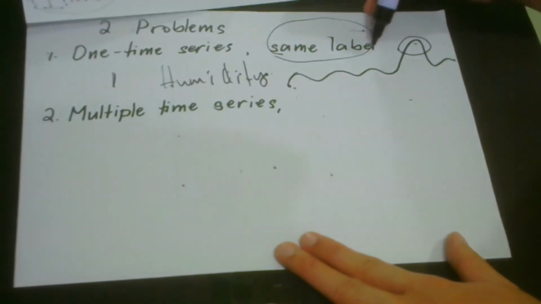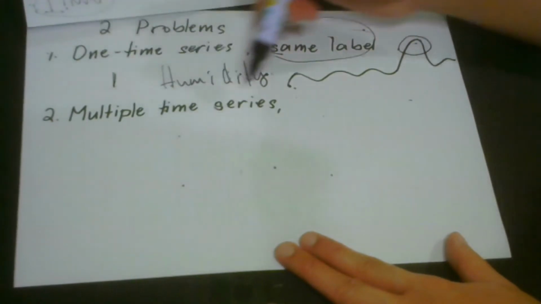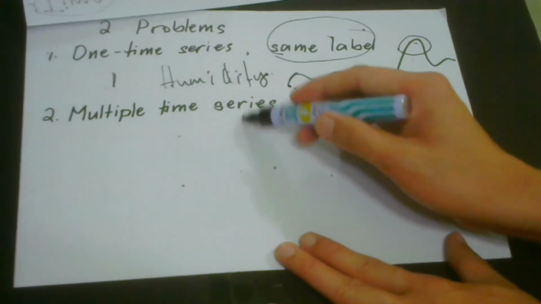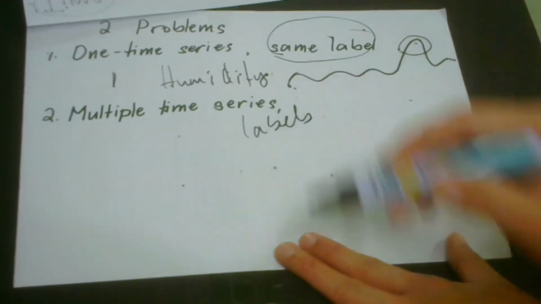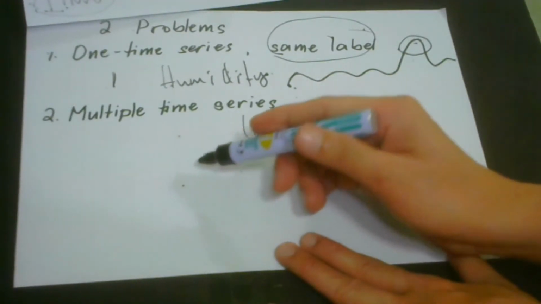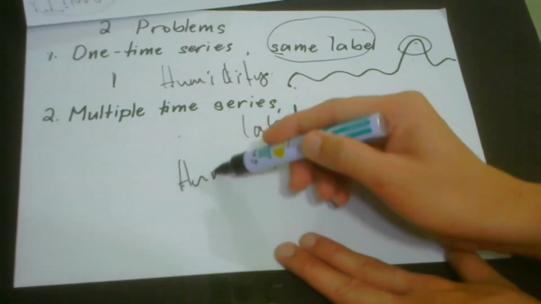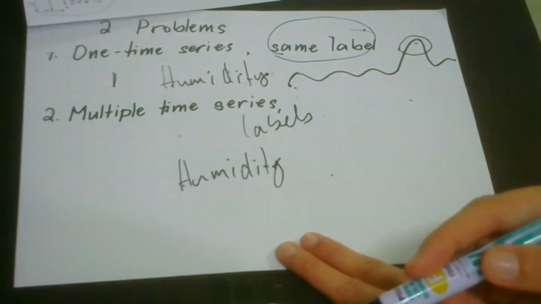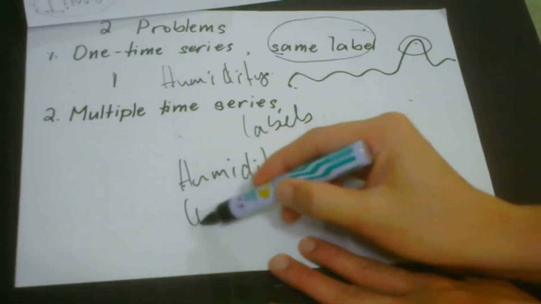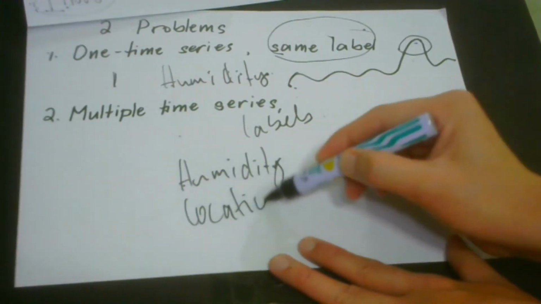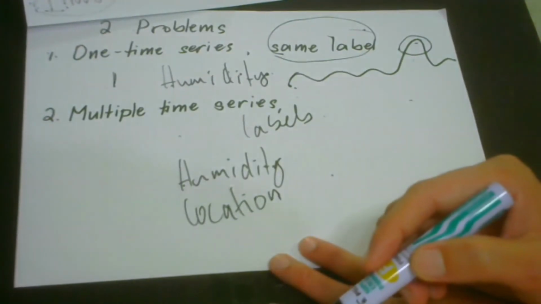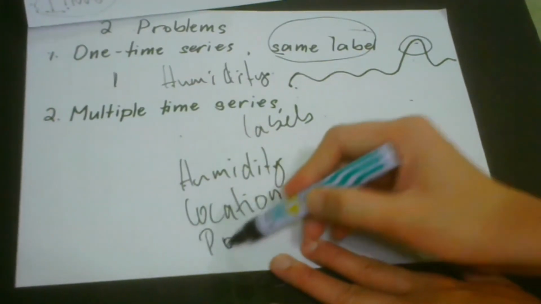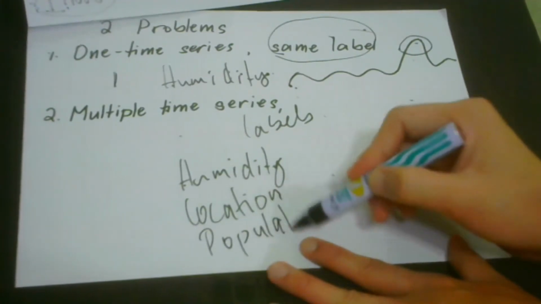And the other one is having multiple time series. So in this case, we actually have a lot of labels. So for example, we don't just consider humidity in measuring the temperature, but we also take note of the location of a certain area, and also the population density.